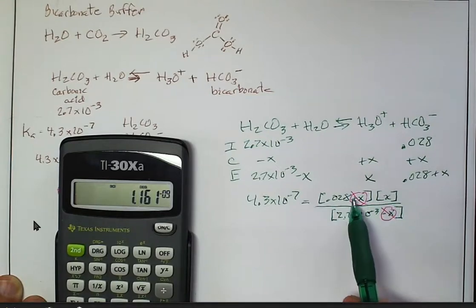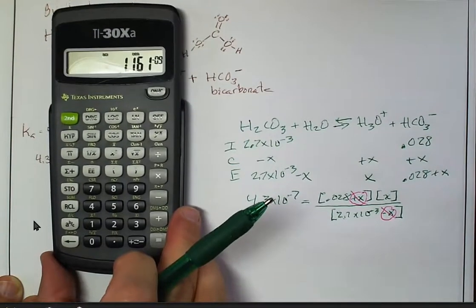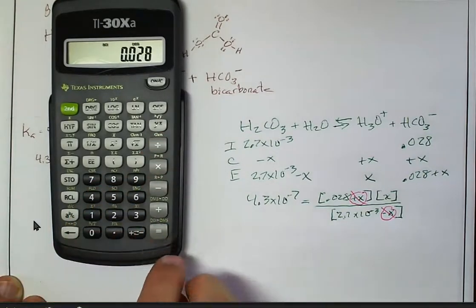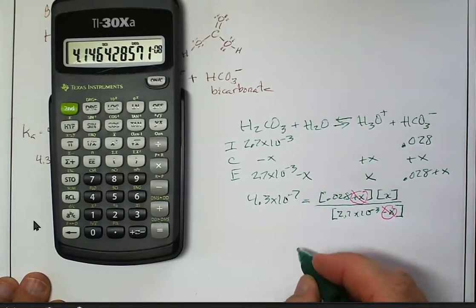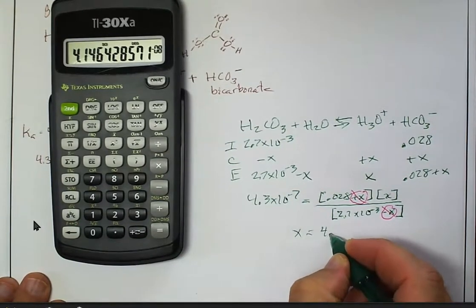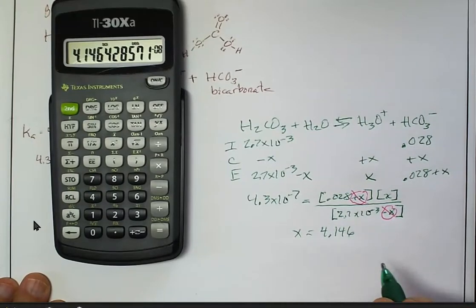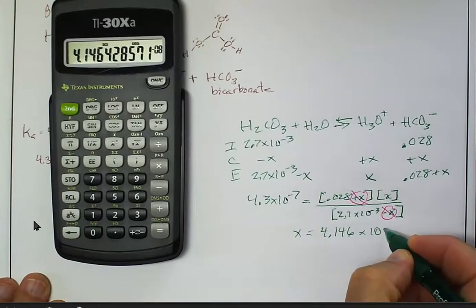So we need to divide by 0.028 to isolate the x. So we need to take this number over here and divide it by 0.028. That gives us x being equal to 4.146, blah, blah, blah, times 10 to the negative 8th.